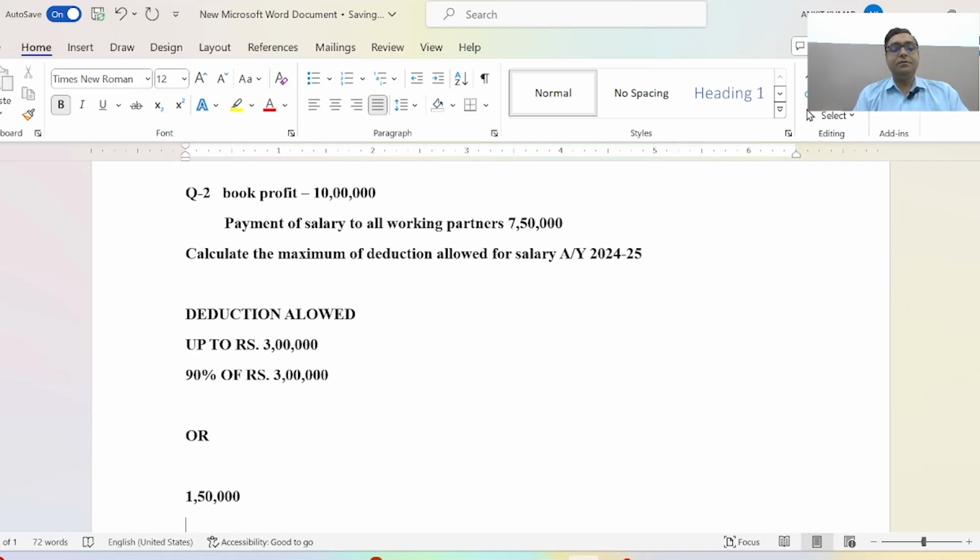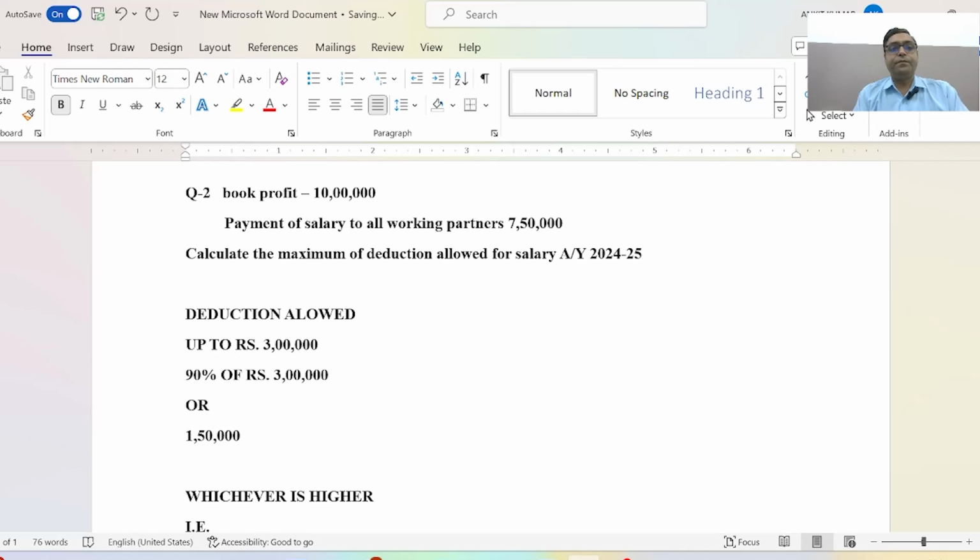All is as per this. Whichever is higher. Now we calculate this amount of 3 lakh rupees.